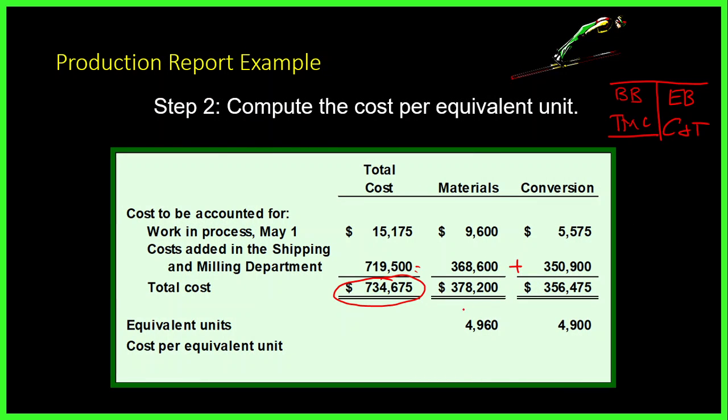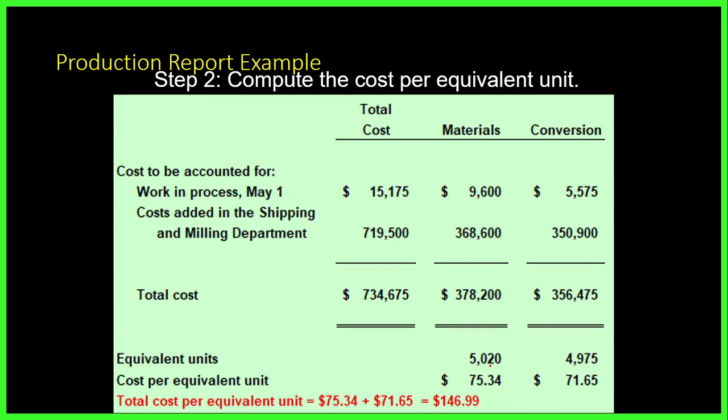Before it was like this, this is the old EUP, but the new EUP is this one. So you divide these costs by your computed EUP, after considering your lost units, and you will now have the new cost per EUP. In this case, it's 75.34 and 71.65. You get the total and you will get 146.99.